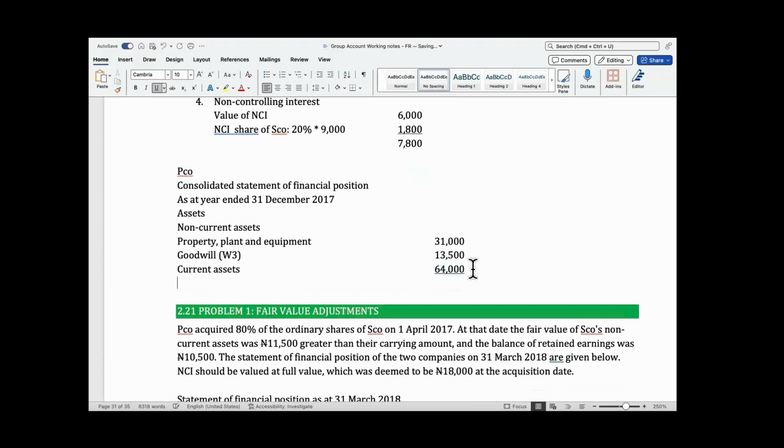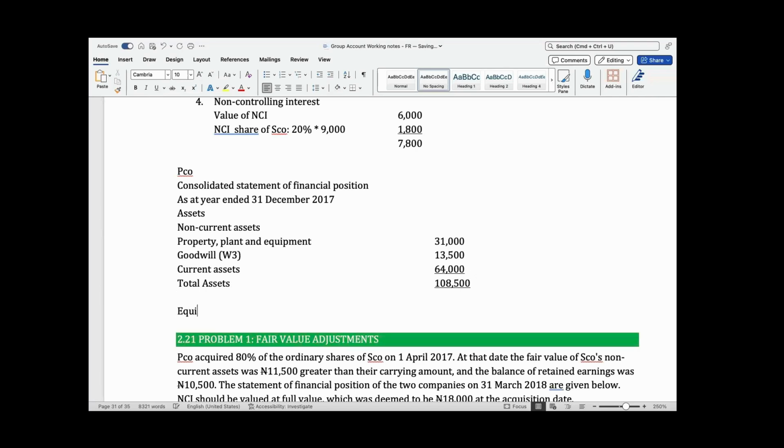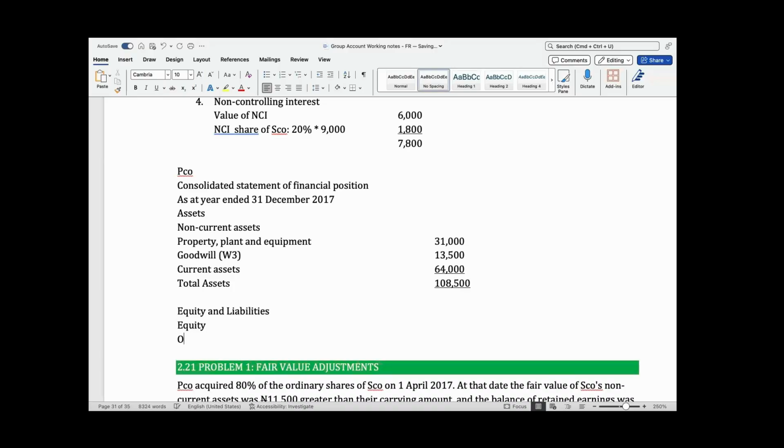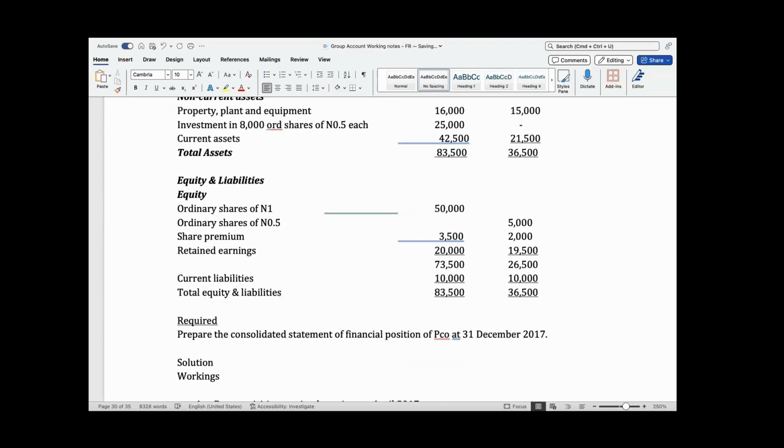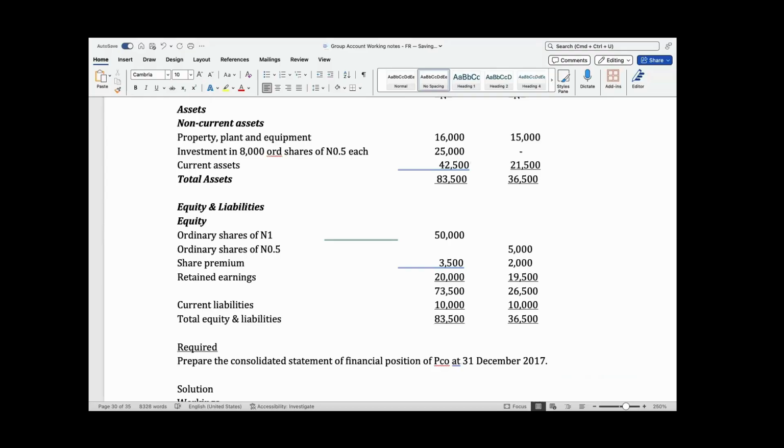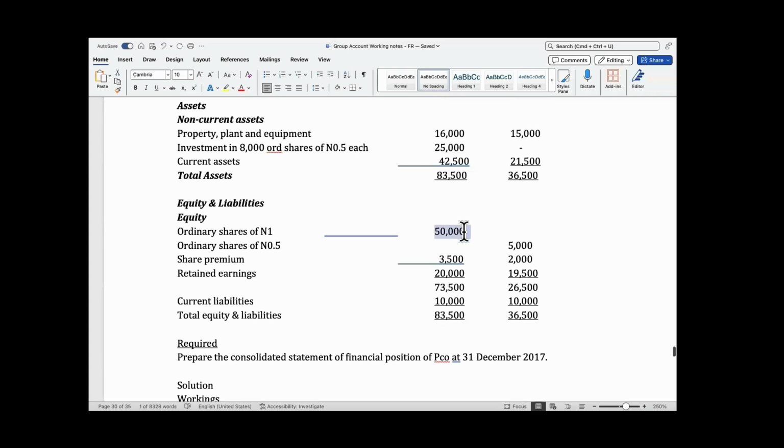Okay, what's my total assets? $108,500. What was the ordinary share capital? 50,000.